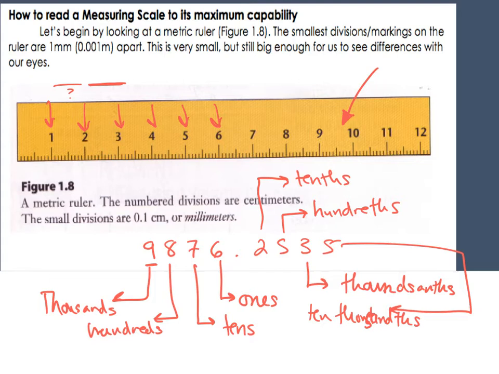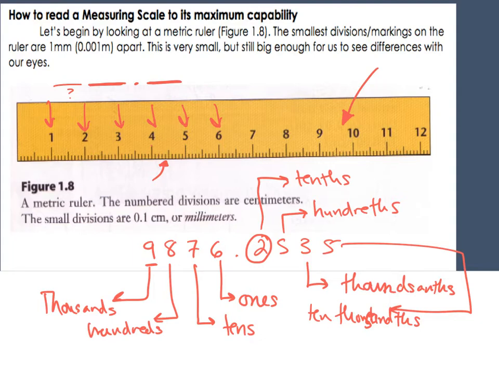Maybe something in the tens spot as well. But are there lines smaller than that? Yes, there are. There are these little lines right here, 10 more of them between the 4 and the 5 and between every other number. So if these bigger lines are in the ones spot, what's the next thing smaller than that? It's the tenths spot. So I know that my measurement is at least in the tenths spot.